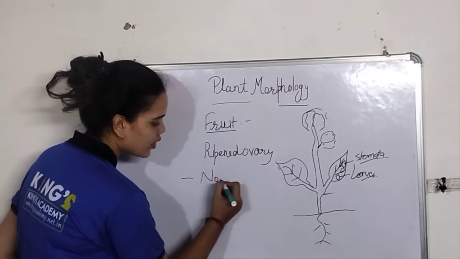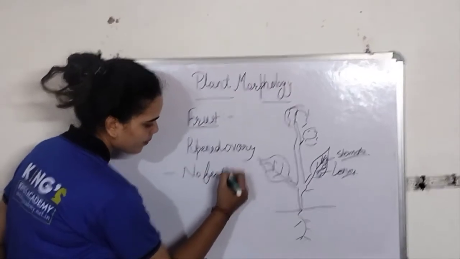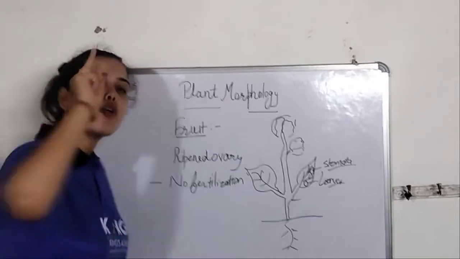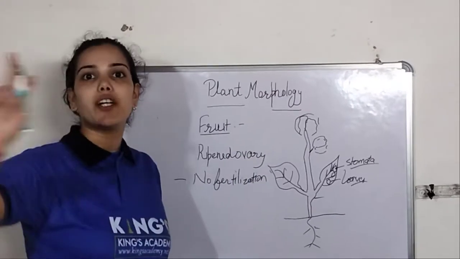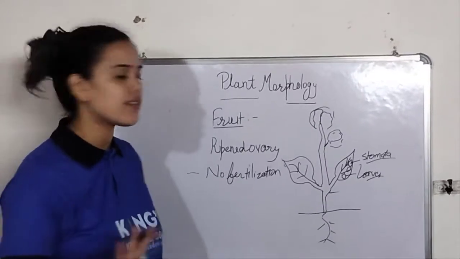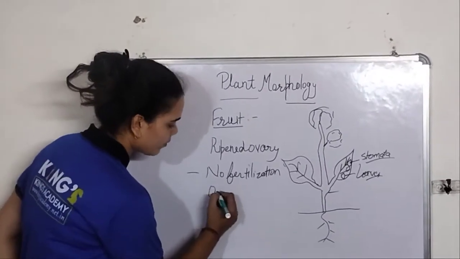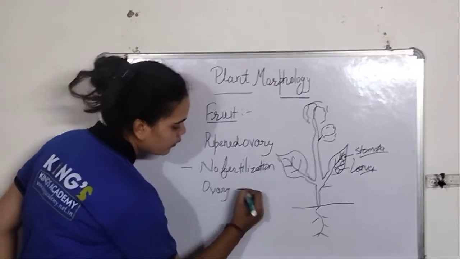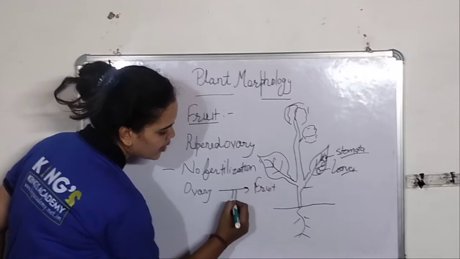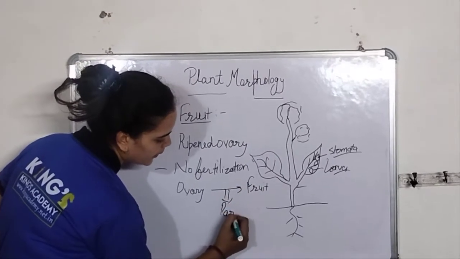No fertilization, from ovary to fruit directly, without any interference of male organs. Ovary to fruit, and this process is known as parthenocarpy.